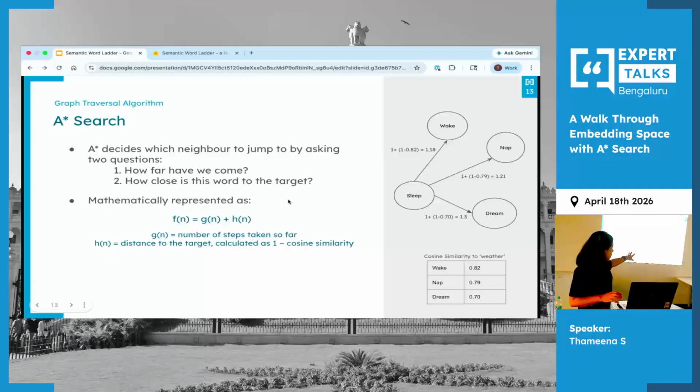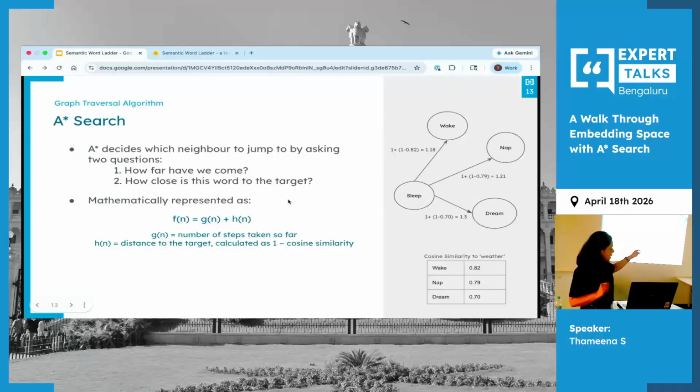So in this example, let's say we have sleep, we have 3 neighbors, wake, nap, and dream, each with a cosine similarity score. What this algorithm would do is, it will actually calculate the f(n) for each of these values. Now, this algorithm is designed such that it takes the least f(n) at any given point of time. So when we calculate h(n), it's going to be the cosine similarity.